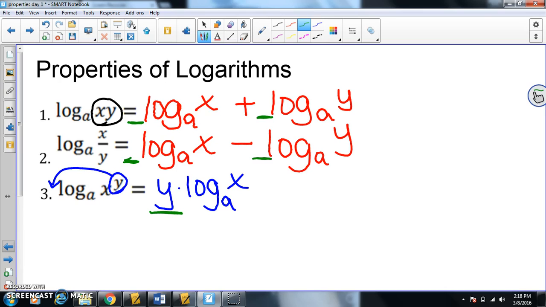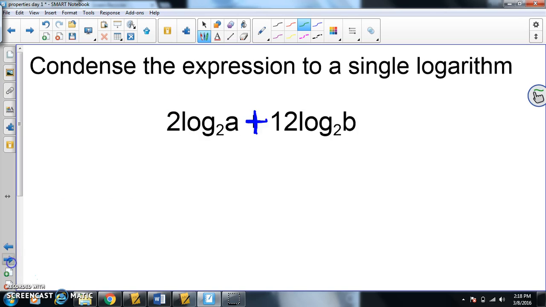In our third property, we moved our exponent to make it a coefficient of our log. So now we're going to do the opposite so that we can get in form of 1 or 2. So I'm going to take this 2 as my coefficient and make it my exponent of a. I'm going to take my 12 and make it my exponent of b.